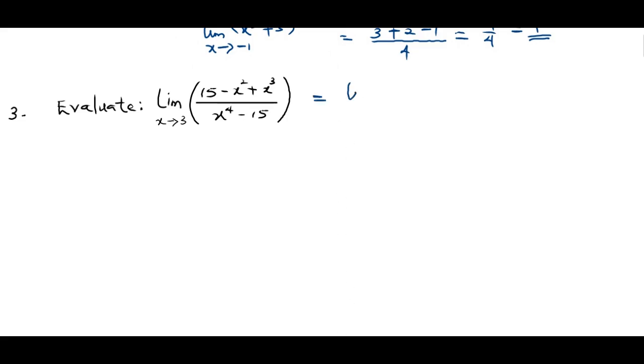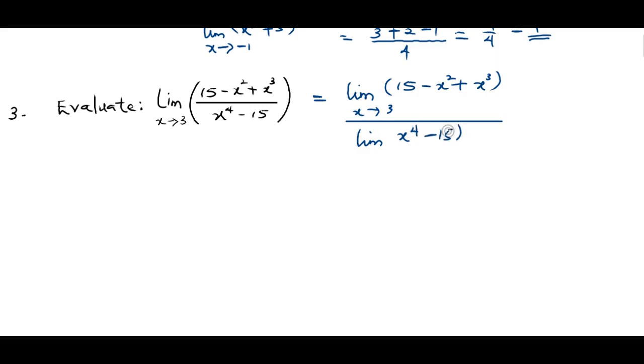Then question 3. Similar approach. We have limit of 15 minus x squared plus x cubed as x tends to 3 all over the limit of x to the power of 4 minus 15 as x tends to 3. So wherever you see x, you put 3 and you leave the constant term. 15 minus 3 squared plus 3 to the power of 3 all over 3 to the power of 4 minus 15.